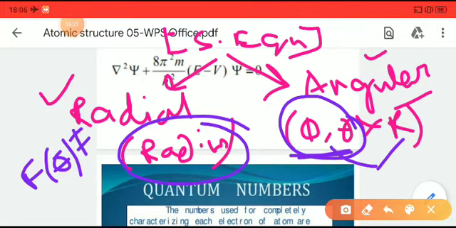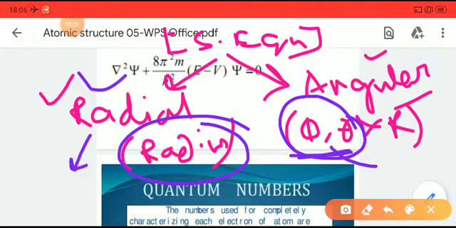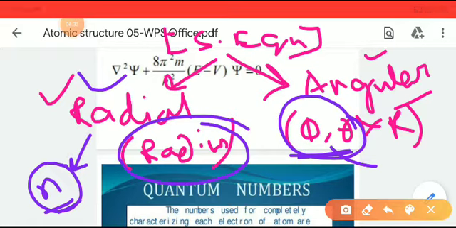From the radial part we get the principal quantum number n. That is why the principal quantum number does not depend on the angles, it only depends on the radius of the orbit.